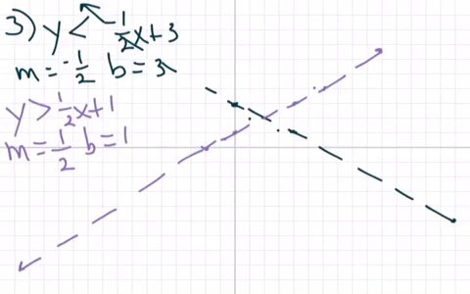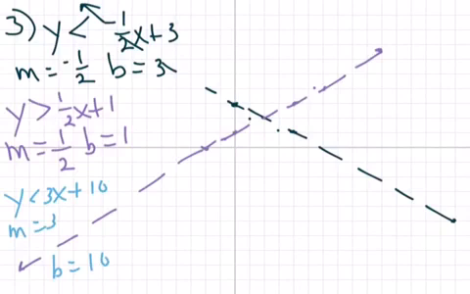And the third equation is y is less than 3x plus 10. So the slope is 3, and the y-intercept is 10. Sometimes, when you have these, you do not have a tall enough graph. In this case, it's at the very top. And I don't know if I can get the marker to show up there. Okay.